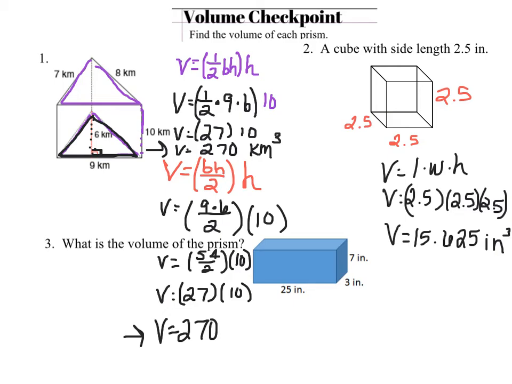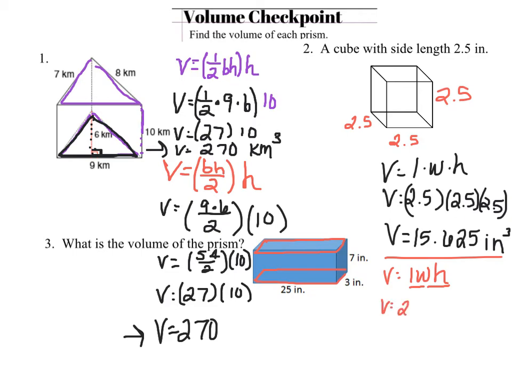All right, number 3, we have a rectangular prism. The base is a rectangle, and there would be another base down here. So same formula, volume equals length times width times height. The area of a rectangle is length times width, so then we just multiply it by our 3D height.